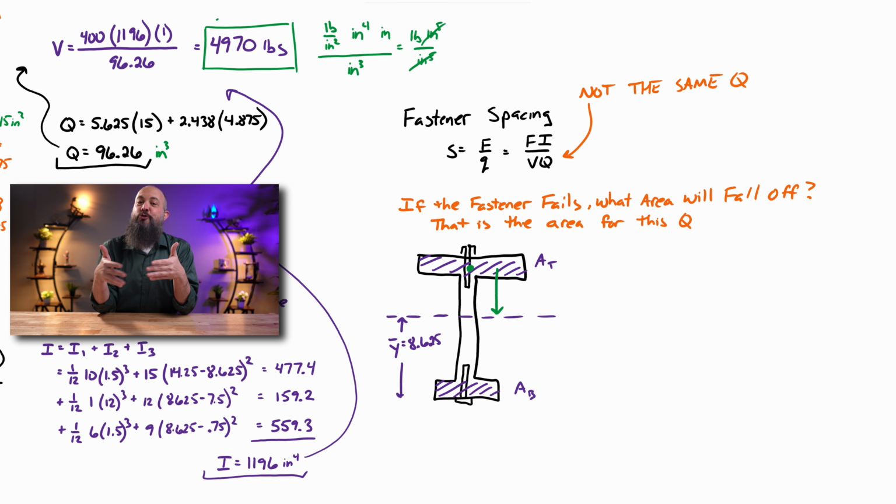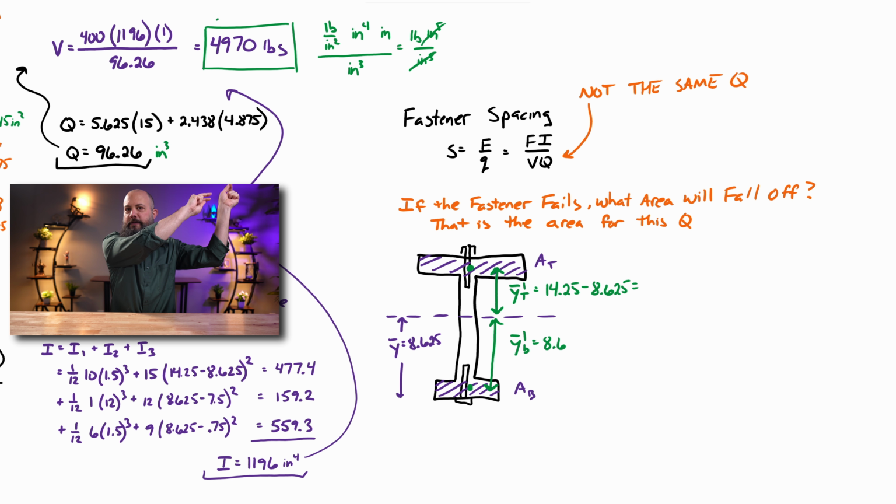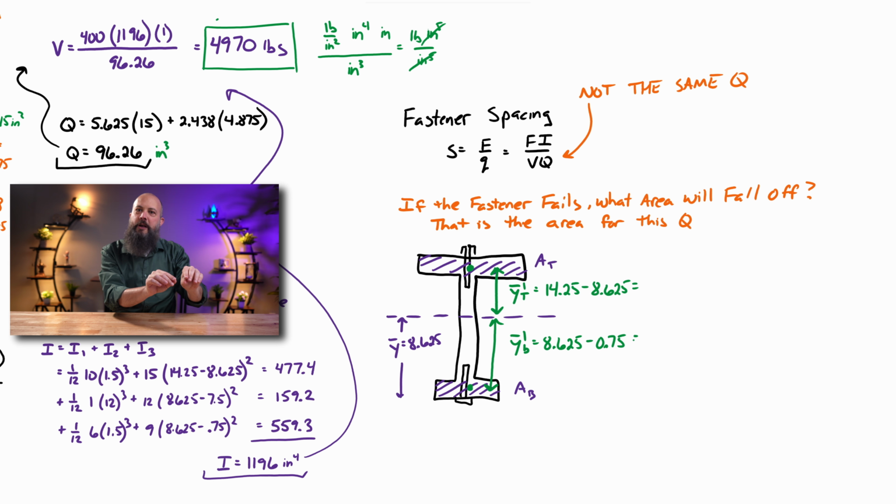So we need a new value for Q, and in fact, we'll get two new values for Q. One for the nails at the top of the board, and one for the nails down at the bottom, assuming what if the nail failed and the top board fell off? What if the nail at the bottom failed and the bottom board fell off?